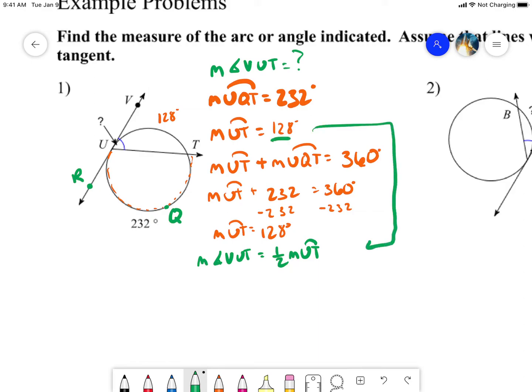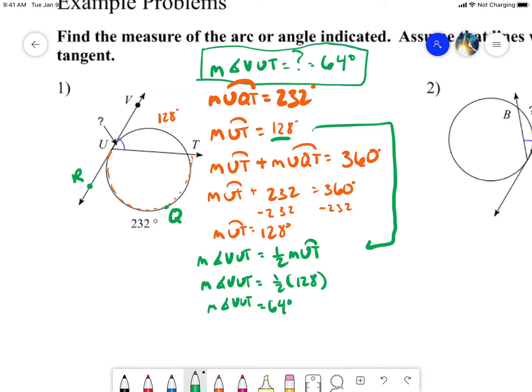So the measure of angle VUT is exactly 1/2 of 128, which means the measure of angle VUT is 64 degrees. That tells me that this angle right here is 64 degrees. And so that's one way of doing it.